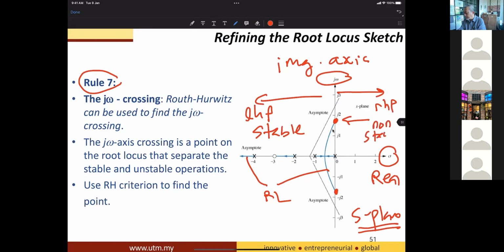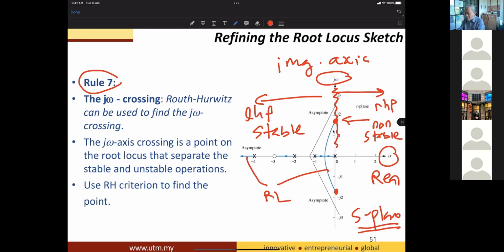On top of the imaginary axis itself is considered the critical or marginal part. So please remember these three locations on the S-plane: the stable zone, non-stable zone, and critical zone.